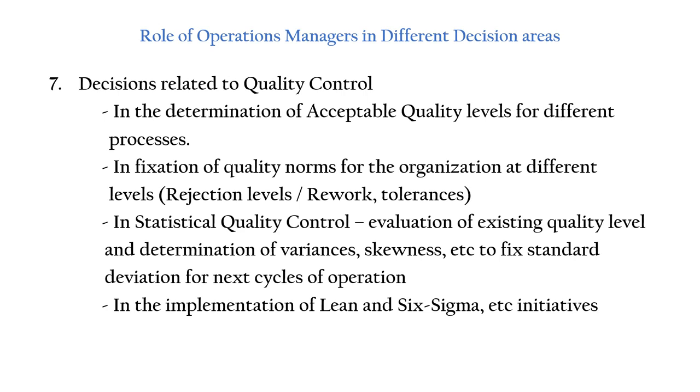Using these measures, we can identify the quality levels. So, evaluation of the quality levels using SQC, and then implementing Lean, Six Sigma and other initiatives in order to minimize the wastages. Lean is concerned with minimization of wastages, and Six Sigma is concerned with maintaining the quality standards with close tolerances.